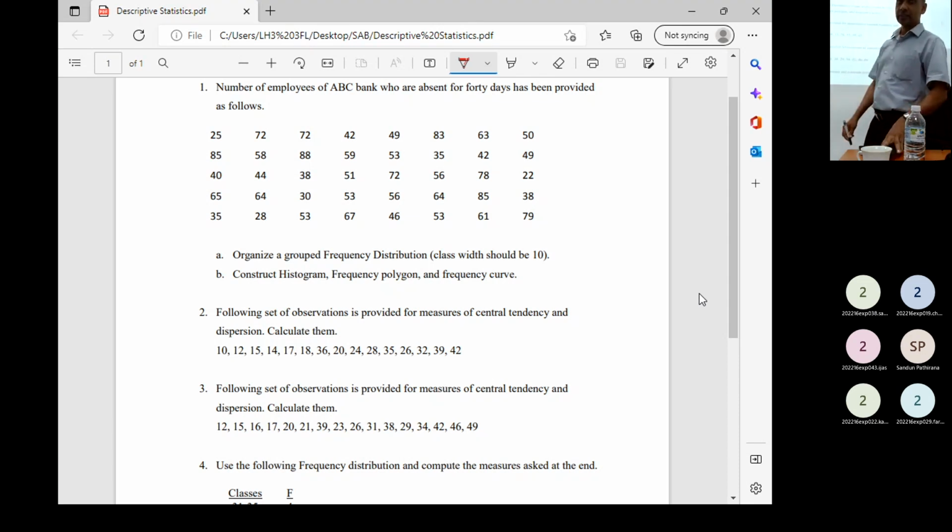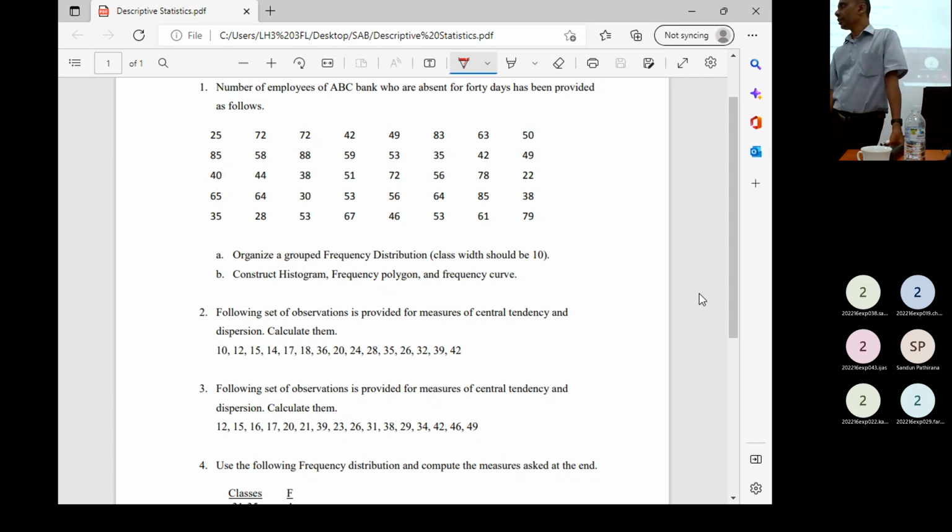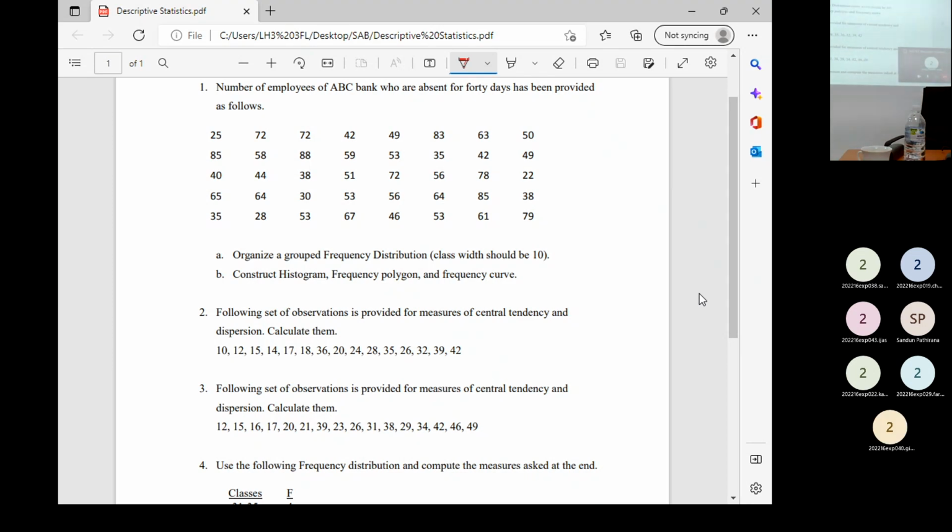Okay, right, we write down like this. When we arrange a data set in ascending or descending order, that is called array. Usage of array can be given below.